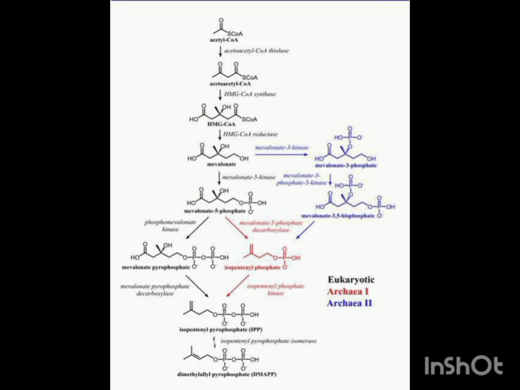The mevalonate 5-phosphate, with the help of phosphomevalonate kinase, forms mevalonate pyrophosphate. The mevalonate pyrophosphate and the isopentenyl phosphate combine and form isopentenyl pyrophosphate, which is IPP, with the help of mevalonate pyrophosphate decarboxylase and isopentenyl phosphate kinase.